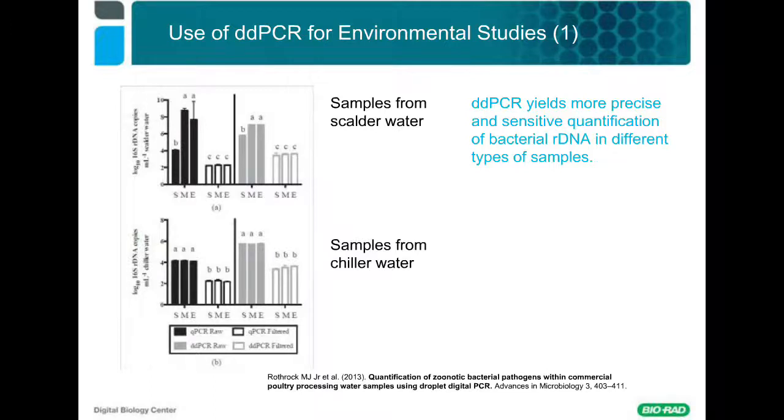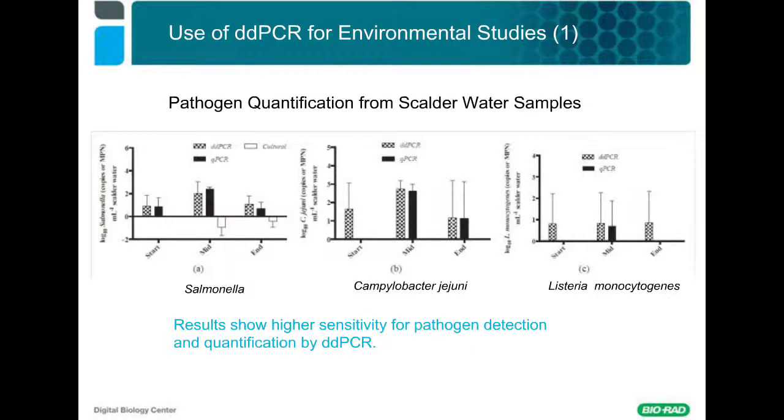The authors move on to do another type of study detecting specific pathogens, Salmonella, C. jejuni, and Listeria, in samples from the scalder water, but at different points in the process. At the early start, then in the middle, and finally at the end of the process.